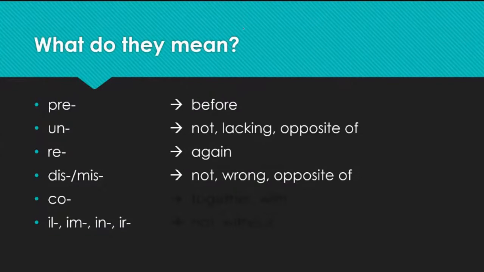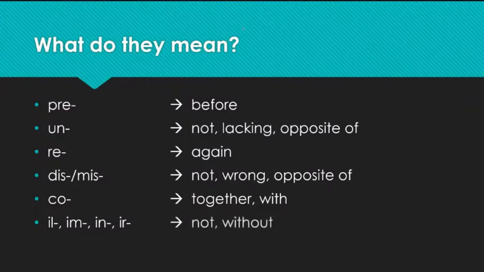Next, we have the prefix co. This means together or with. And last, for our most common prefixes, we have il, im, in, and ir, which means not or without.